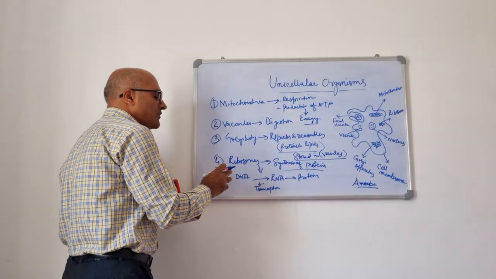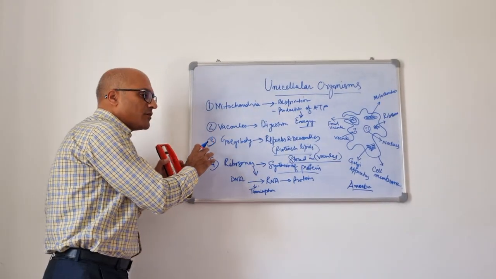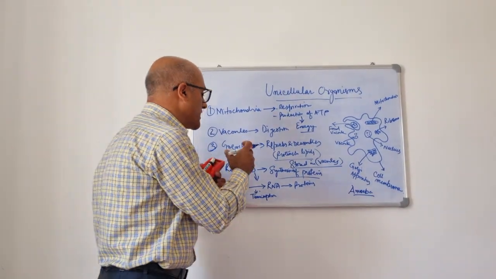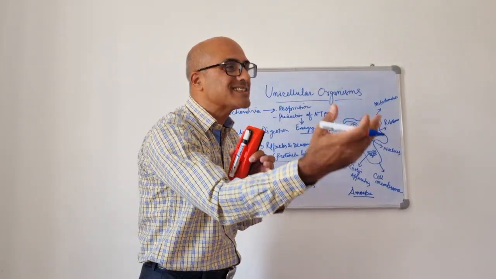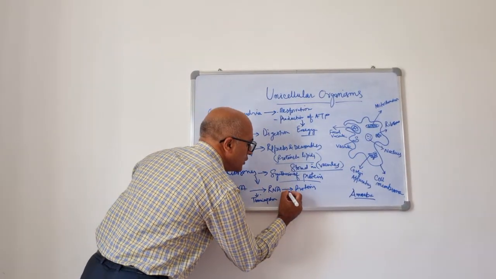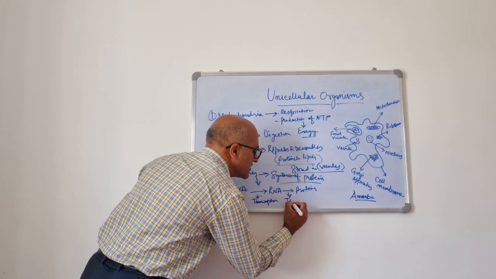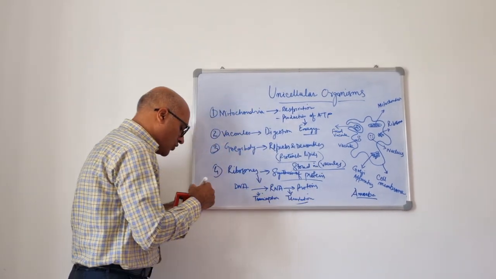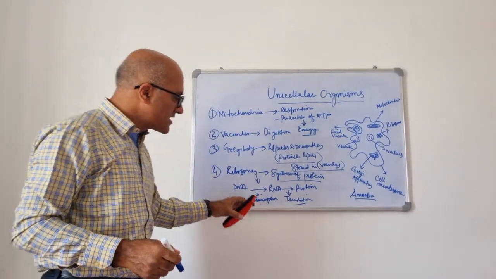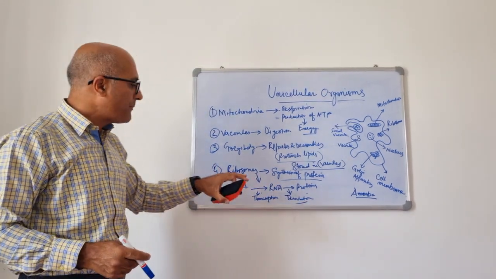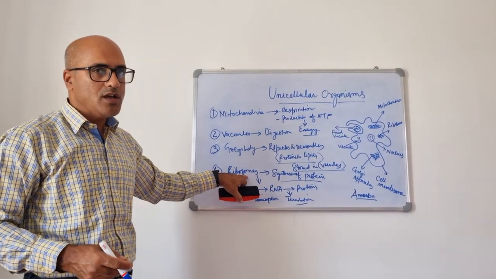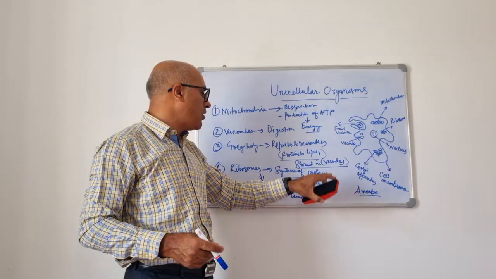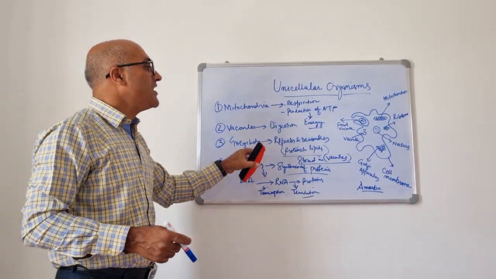When this information from DNA is transferred to RNA, and RNA translates this information into proteins, it's called translation. So this whole process, transcription and translation, happens in ribosomes. Okay, so certain proteins are formed or synthesized in ribosomes.